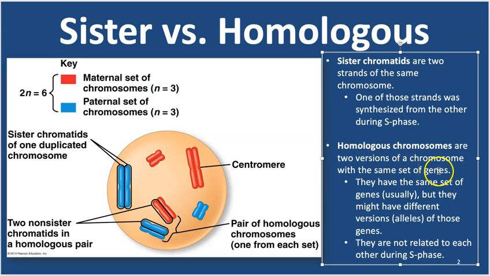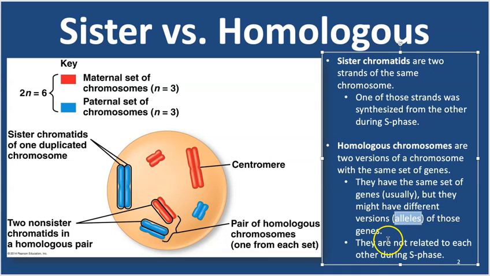We say they're two versions because they basically contain the same set of genes. But they might actually, and that's usually, so there are examples where there might be some differences. That's something that has to do with evolution, actually, and we'll talk about that later. However, even though they have the same set of genes, they might have different versions of those genes, and those versions are called alleles.